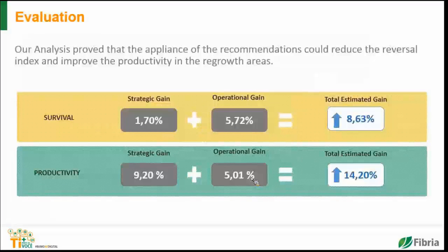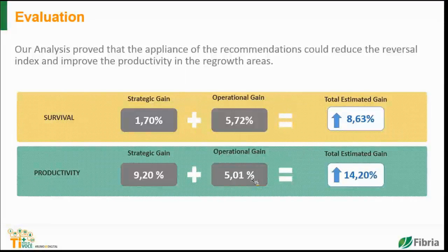And at the end, we do the step of valuation. At this project, for example, the Regrowth Conduction, our analysis proved that applying the recommendations that the model generated could reduce the reversal index and improve the productivity in the regrowth areas.